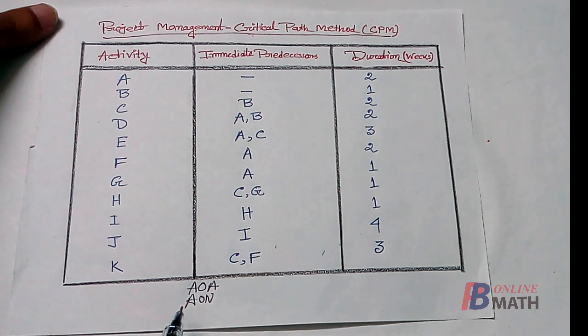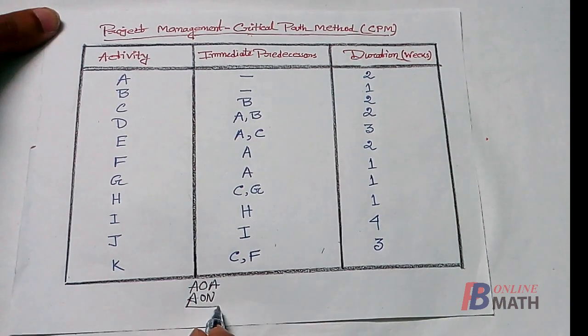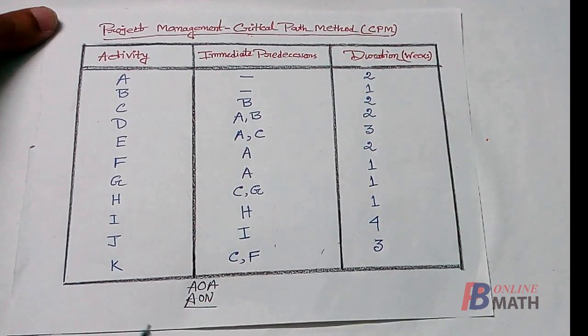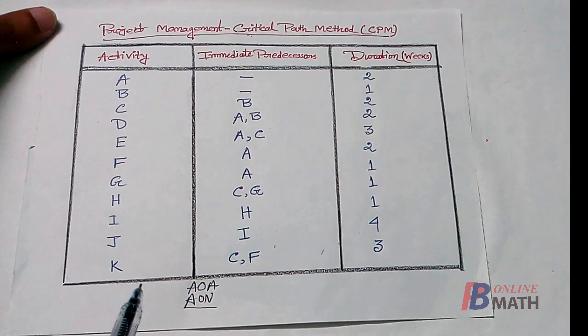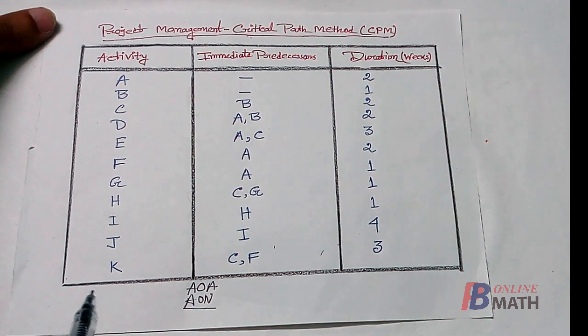AON is called activities on nodes. That means every node of the network will represent an activity. So in this problem, we shall use activities on nodes. That means we shall express this project in terms of a network where every node of the network will represent an activity.